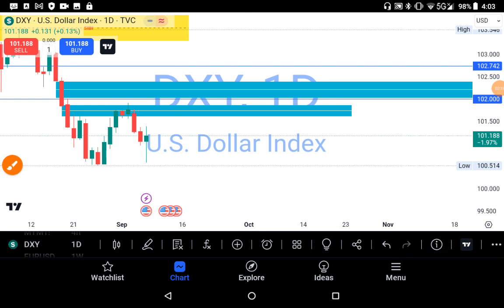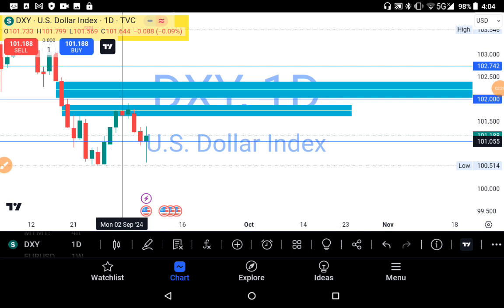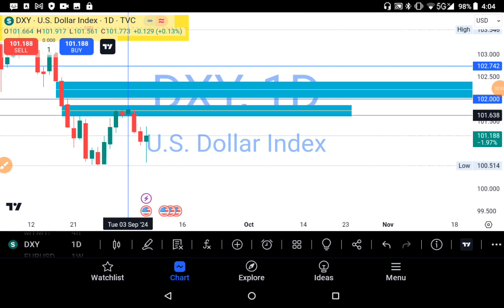So the coming week, I'm expecting the high of this candle here to be taken, the high that comes in at 101.915 and 101.917, and we should be able to see 102 big figure. So I'll be sticking to 101.917 to 102 big figure. That is that on dollar index.